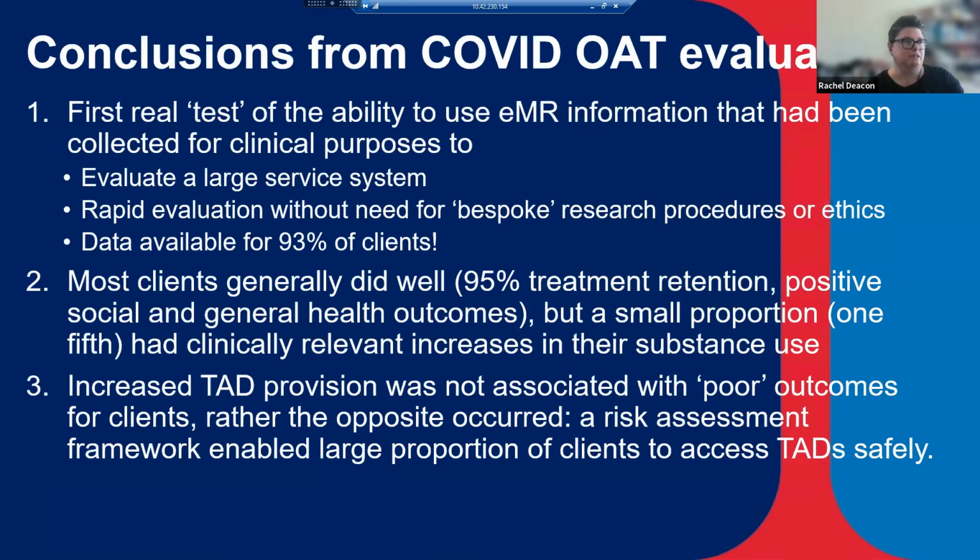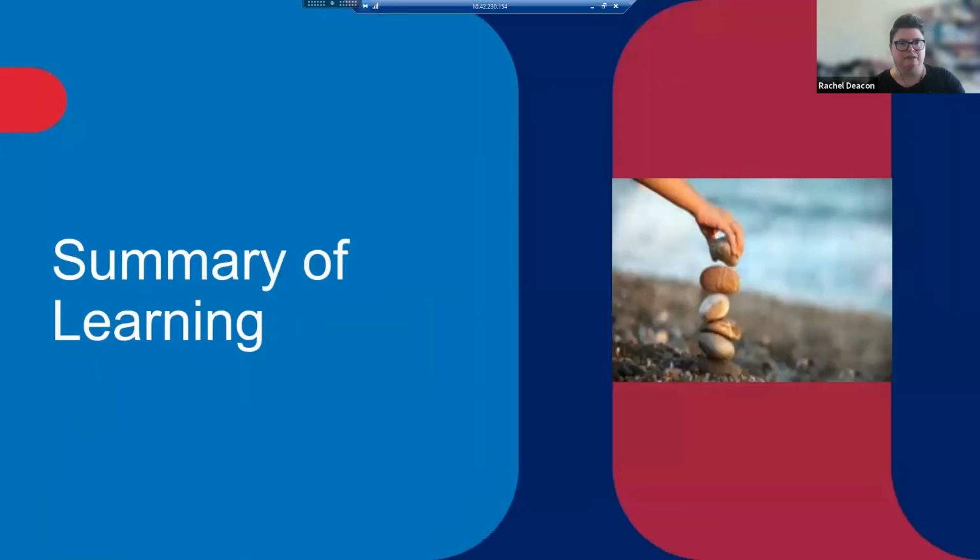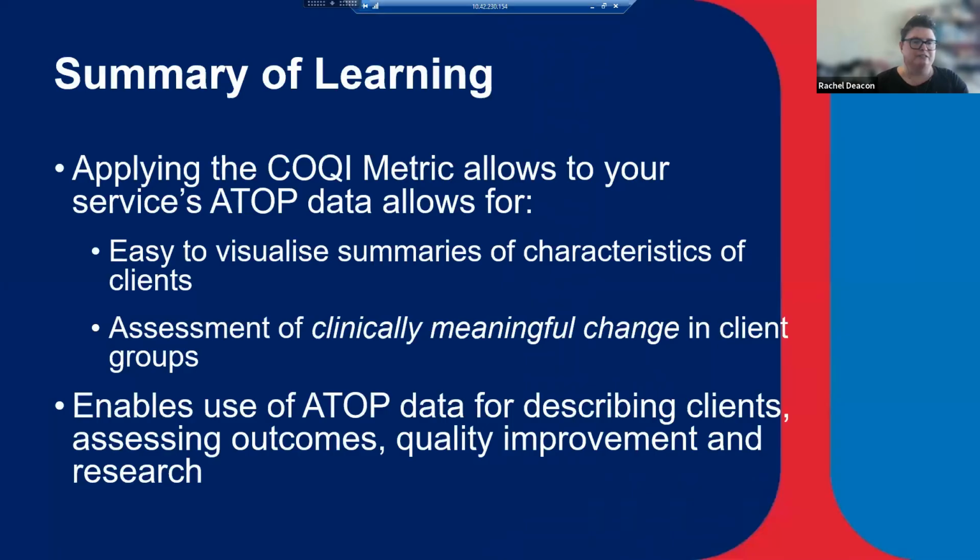So I'm coming to the end now, and I'll just do a quick summary of what we've gone through here. I've mainly gone through how applying the Koki outcome metric, the system of rules and algorithms that we've developed with both research and statistical input, and also input from clinicians and services themselves.